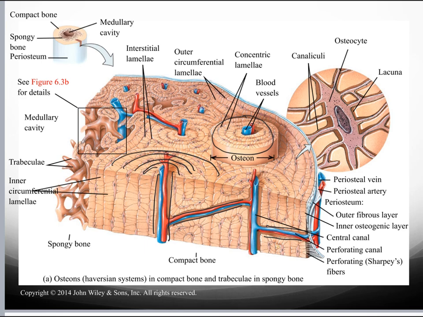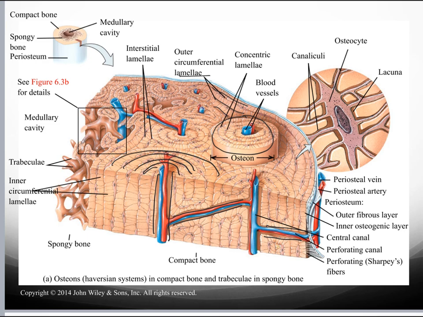These lamellae fill the spaces between osteons. They are remnants of osteons that were partially resorbed during the process of bone remodeling. The third type of lamellae is outer circumferential lamellae, so we see them here. It is what forms these outer plate-like structures that wrap around the entire bone, including the spongy bone.